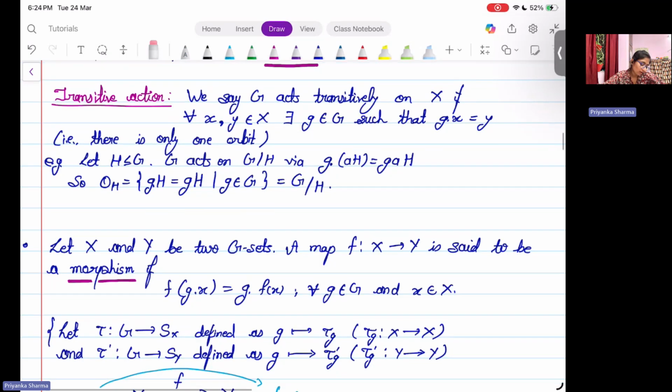Then the orbit of H will be G dot H, which is gH. The set of all gH actually gives us G mod H, that is the set itself. So in this case, the orbit of X is the set X itself. Whenever we have this, we say that the group action is transitive.